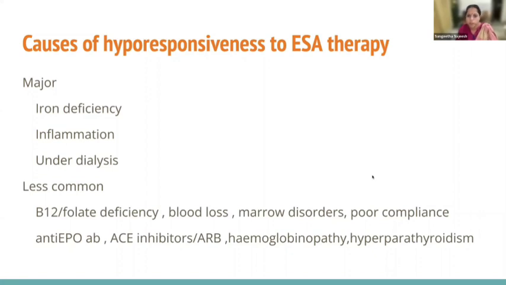Then transport issues, whether they are preserving the cold chain, are also important. Then other rare causes will be anti-EPO antibodies. Then always rule out hemoglobinopathy, then use of ACE inhibitors and ARBs, then hyperparathyroidism. All these can contribute to hyporesponsiveness to ESA therapy.